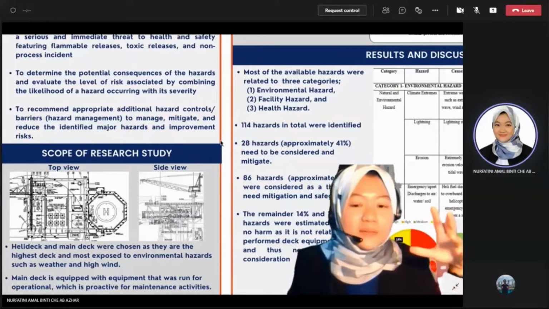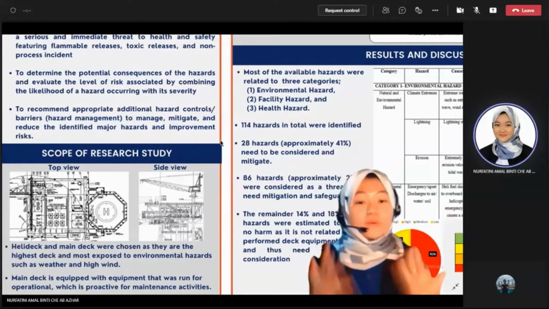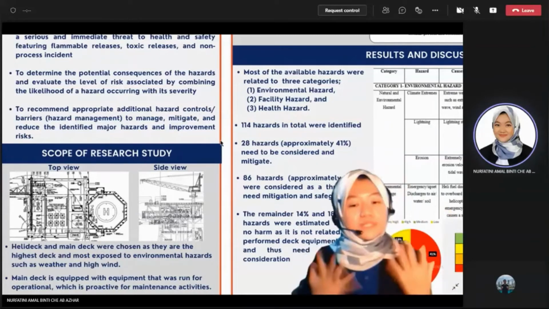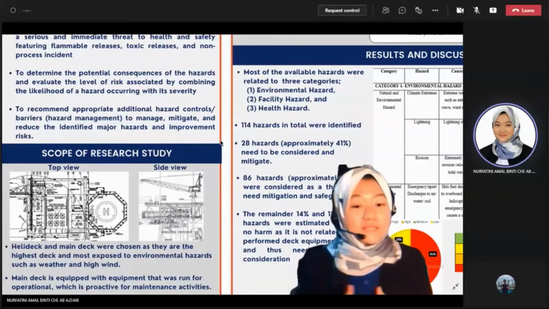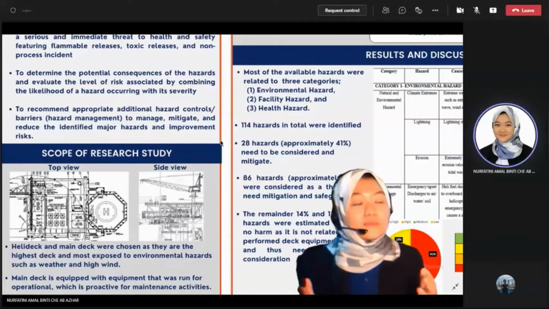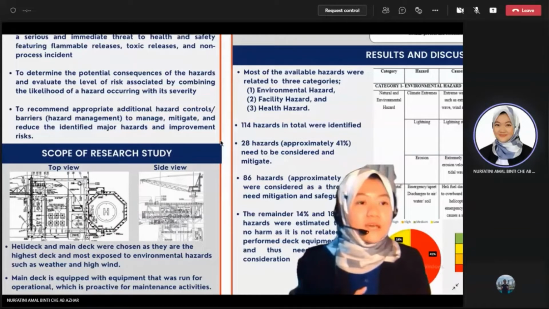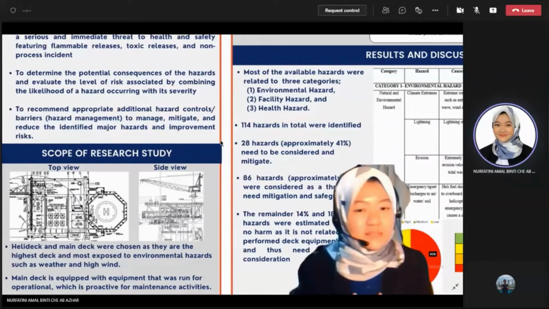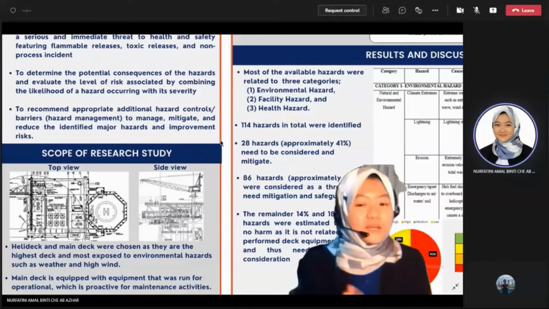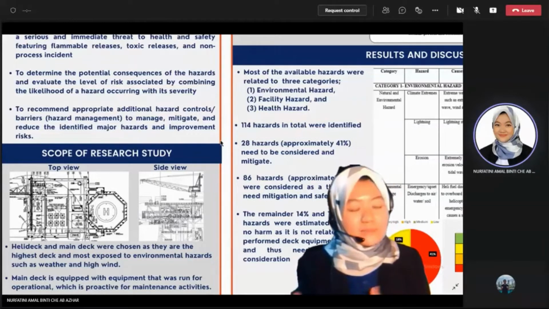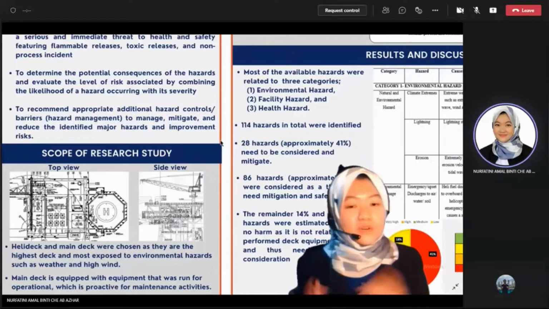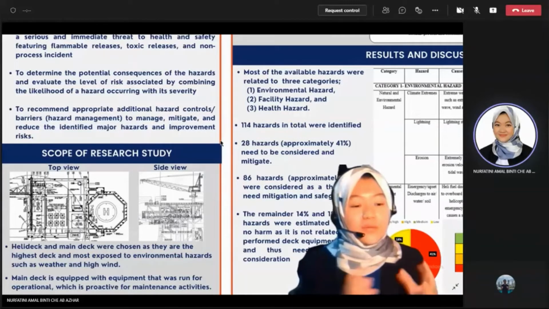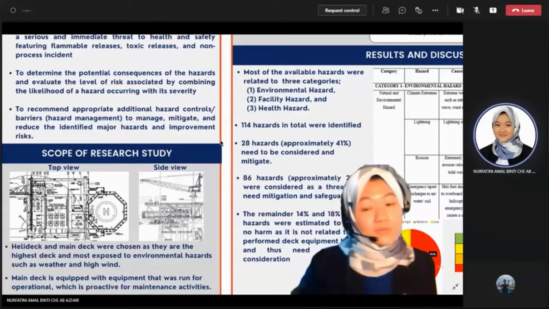The main deck is mainly equipped with equipment that runs for operations. So, it is very active for maintenance activities and human intervention in the operations. While the helideck is used on a situational basis, which is more for transportation or logistics, whether for workers or also for equipment as well.